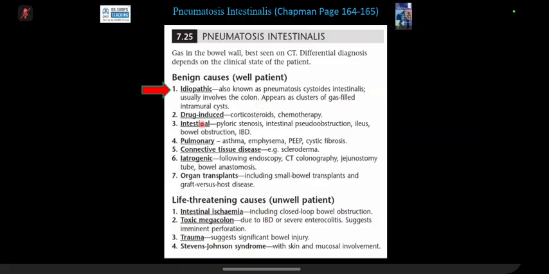Please remember that in things like obstruction, gas can be seen in the wall of the bowel without it being of significance for necrosis or anything like that.